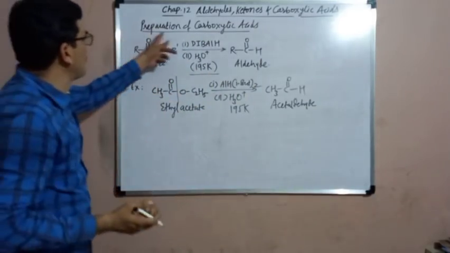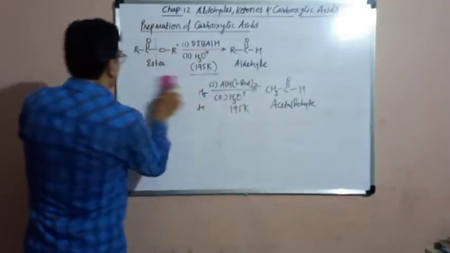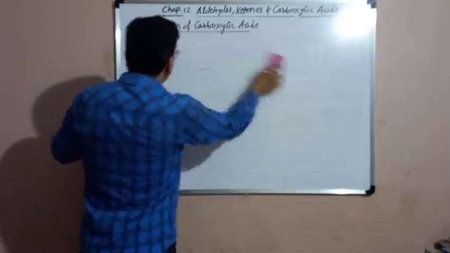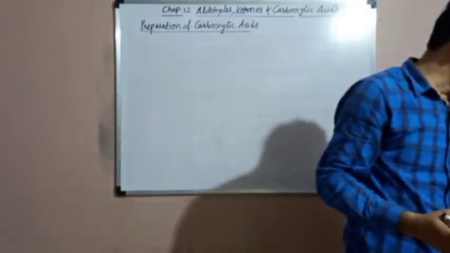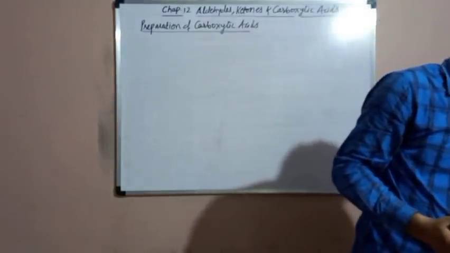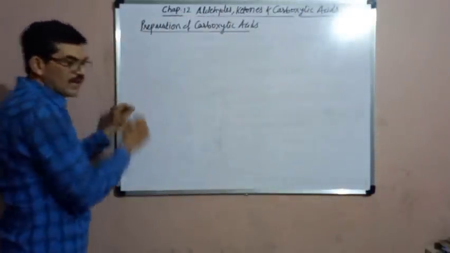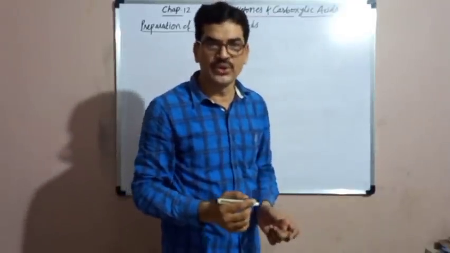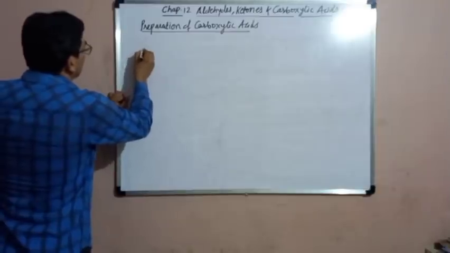Now the next is the preparation of carboxylic acids. Before studying the preparation of carboxylic acid, let us see some questions which are given in the textbook. Use your brain power. Under the head, use your brain power, there are some questions which are asked to you, and that you have to solve. Here, there is one question.